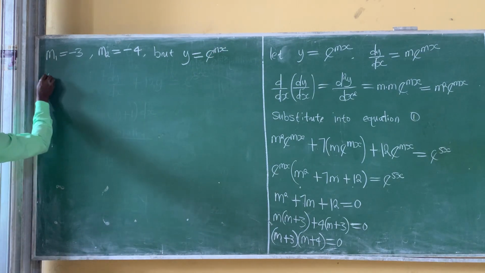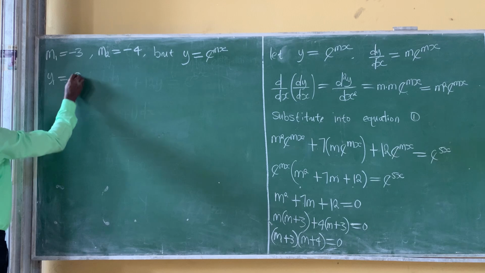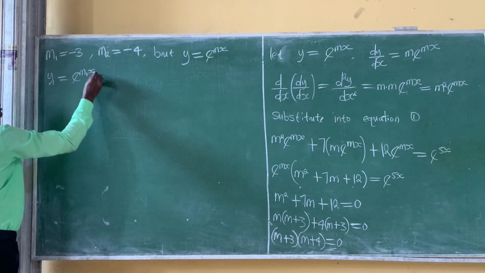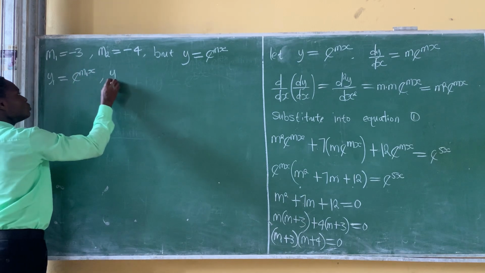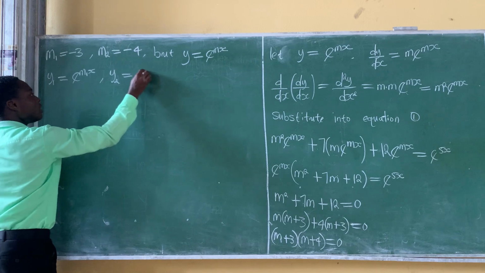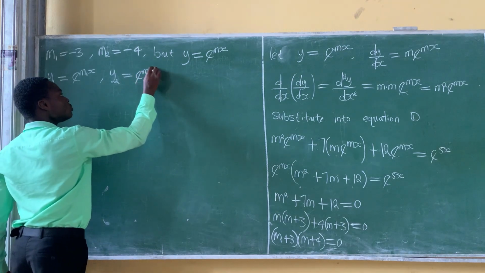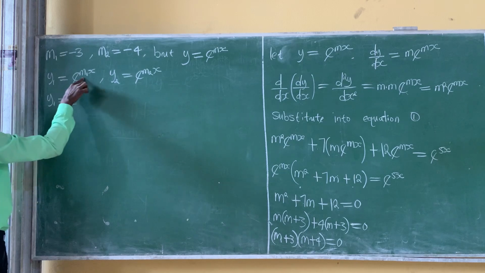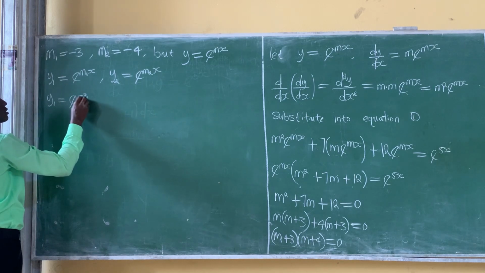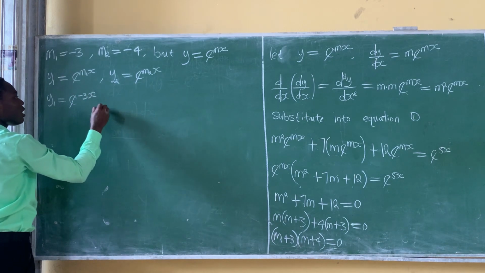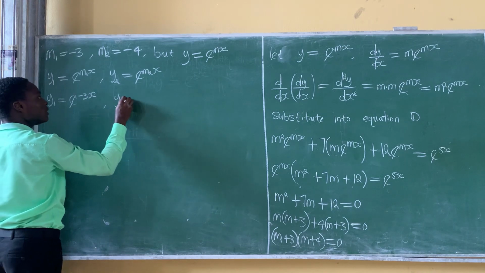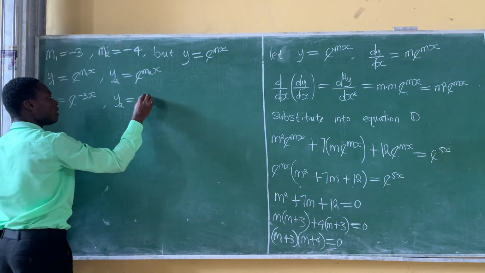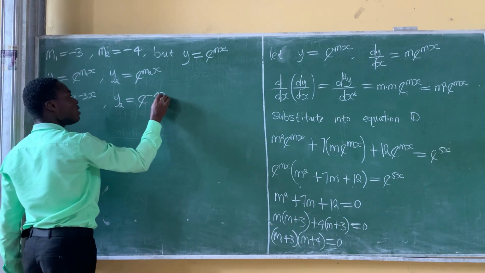So this means that y1 should be equal to exponential m1x, and y2 should be equal to exponential m2x. So our y1 becomes exponential minus 3x. Then our y2 becomes exponential minus 4x.